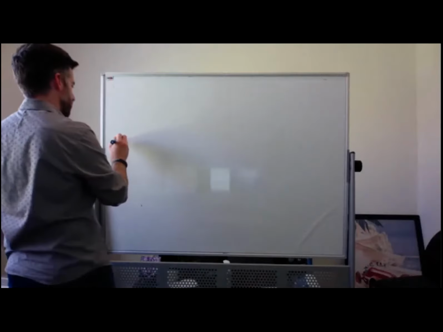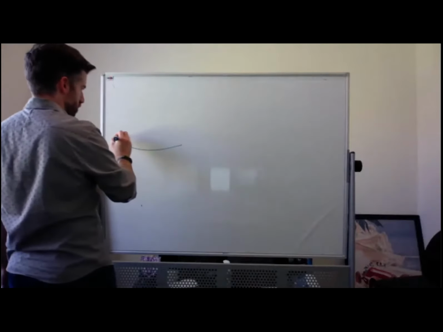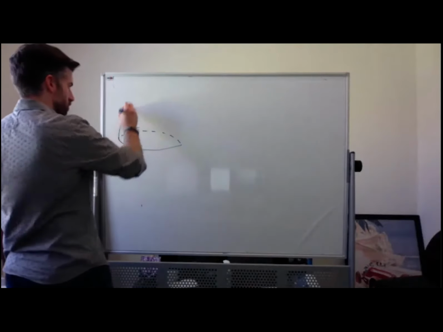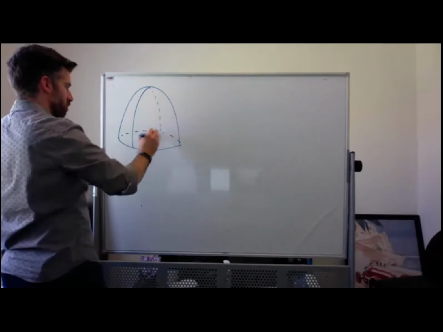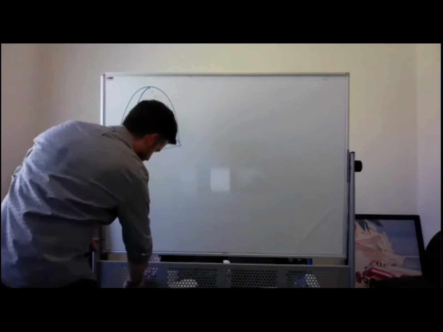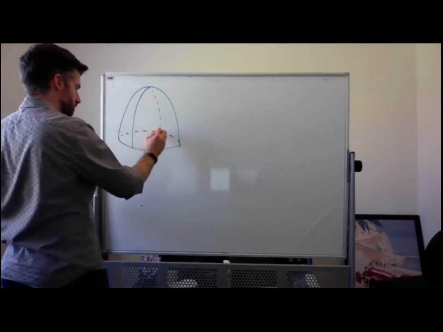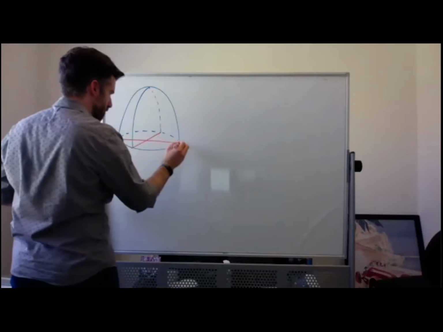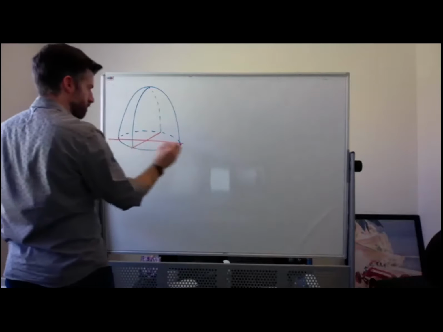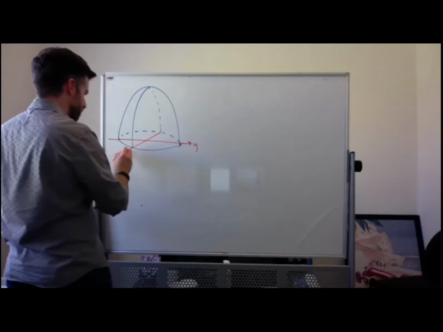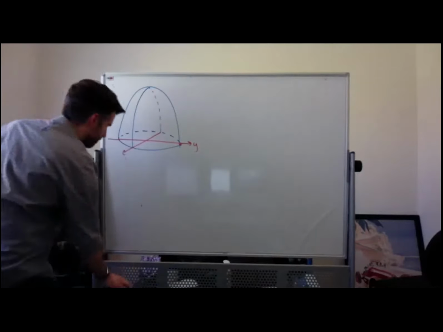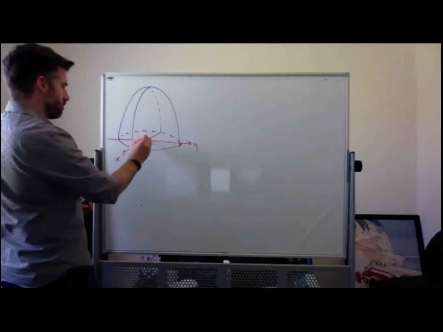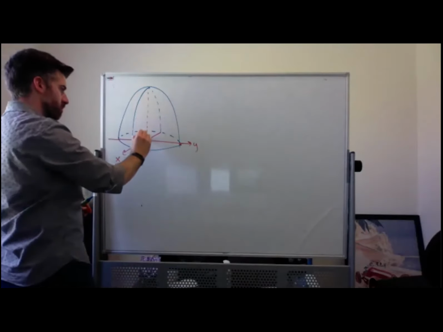All right, so I'm going to draw this picture again. We're going to get real tired of this picture. And here's my XY plane. Oops, that's not Y, that's X. Okay.